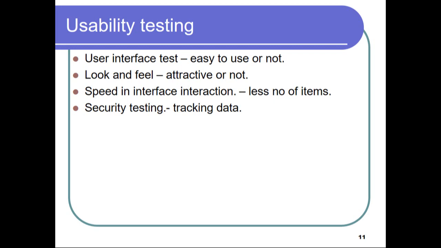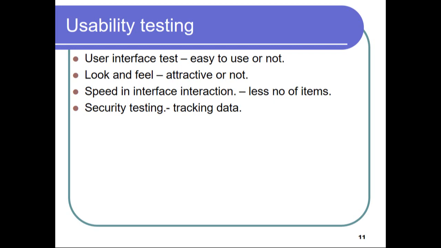It will be easy for them, because after giving a username and password, next is the captcha, and that captcha image is shown, and then the login button. If we give it like that, it will be easy for the users in the interface.